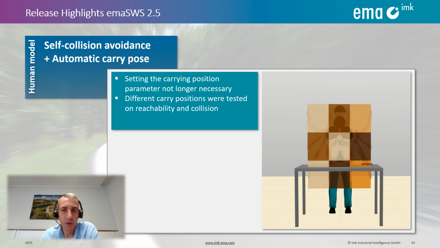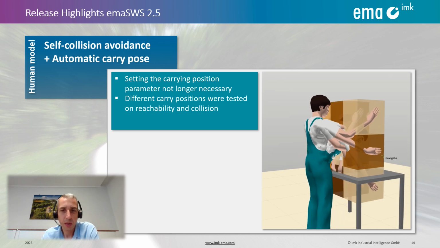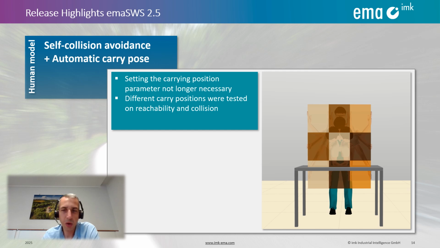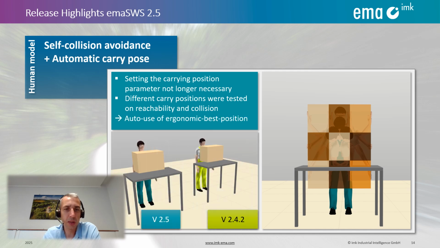We are able to try different carrying positions, make an assessment about collision or the ergonomic load for a single carrying position and decide for you which is the best carry position. And within the release 2.5, the carrying position parameter is set on automatic and this function is activated for you. You're also able to change this in different scenarios and older scenarios.